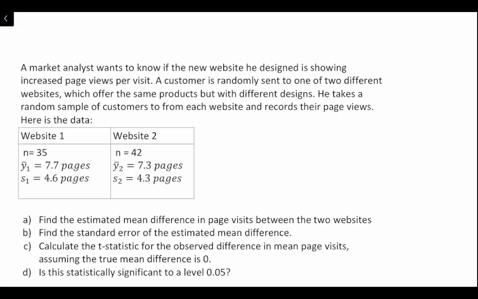So in website 1, we have a sample size of 35, a mean of 7.7 and a standard deviation of 4.6. In our second sample, website 2, we have 42 observations, a mean of 7.3 and a standard deviation of 4.3.